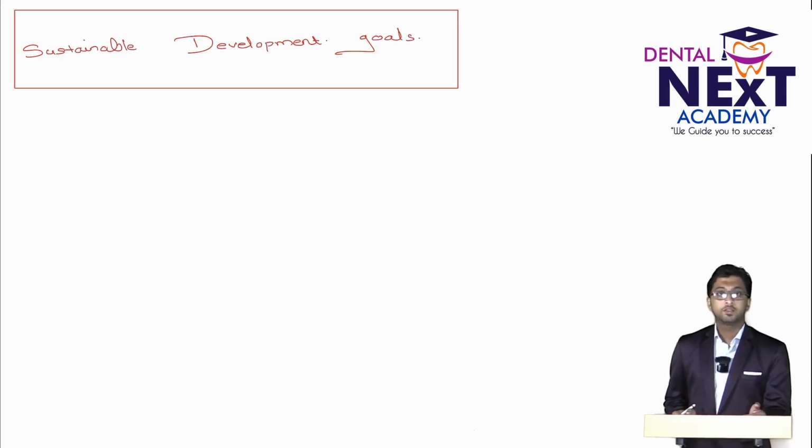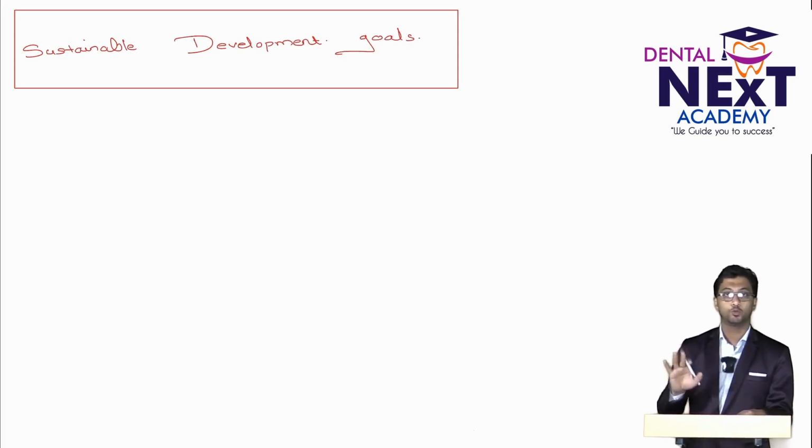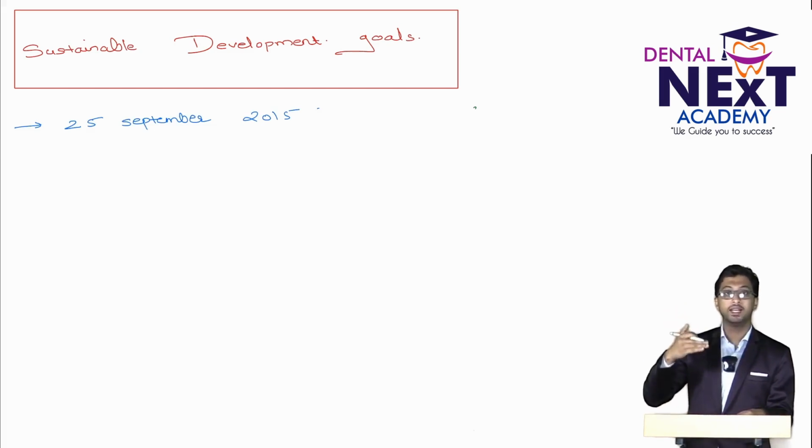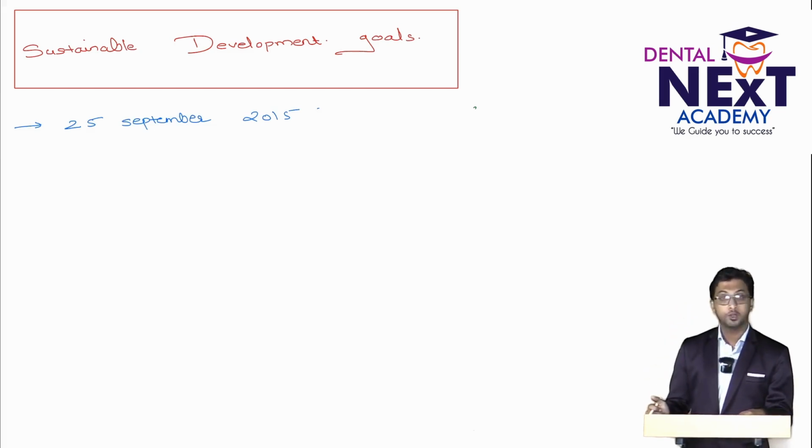Now comes the next one, which is Sustainable Developmental Goals. The Millennium Development Goals ended in 2015. They said, okay, we didn't reach it. So then in September 2015, that is 25th September 2015, so you have to study it in this order, they said we have to develop something known as Sustainable Developmental Goals.